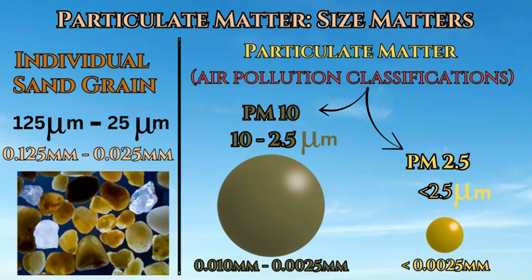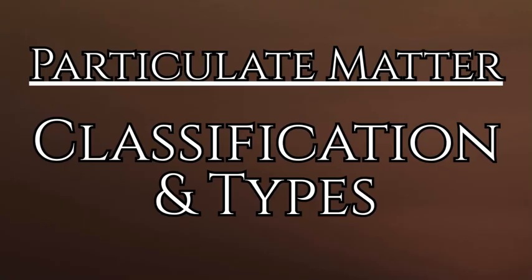So understanding how small these tiny particles are will help to relate to environmental issues, air pollution, smog, and any health issues that are incurred from breathing this size of particle into your body.